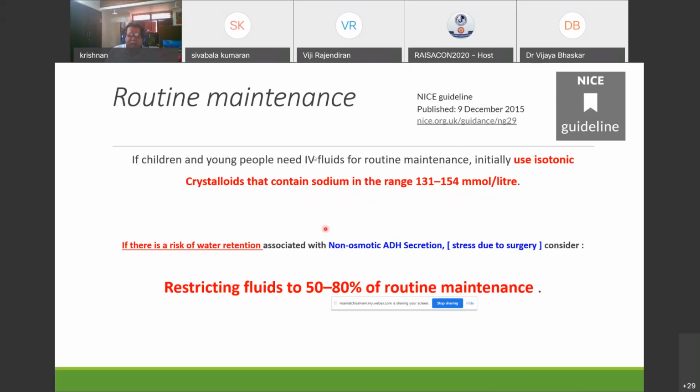Calculate the maintenance fluid based on 4:1, then restrict the fluid to 50 to 80% of your calculated maintenance fluid. So if the 4:1 formula comes to 100 ml, you just give between 50 and 80 ml. Don't give 100 ml, because ADH is going to act and produce water retention. So there's no need to give full maintenance fluid. This is the 2015 update given by NICE.